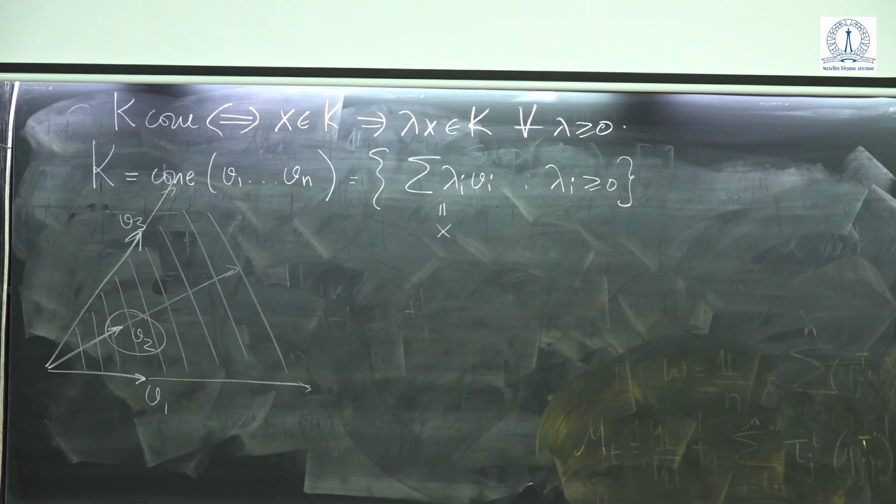The first thing to check is that this is a cone, meaning it satisfies this property. Everybody okay with that? And then this has two expressions.